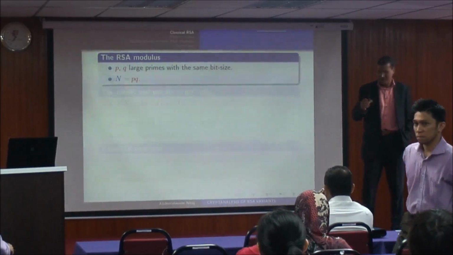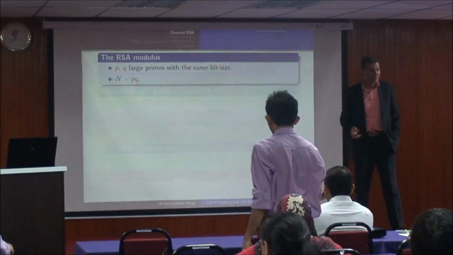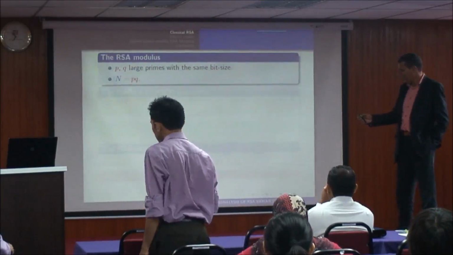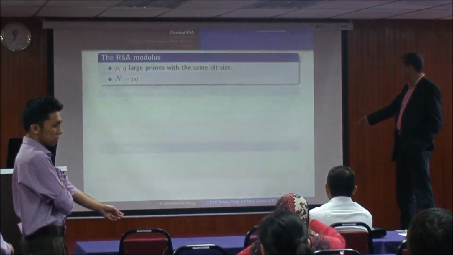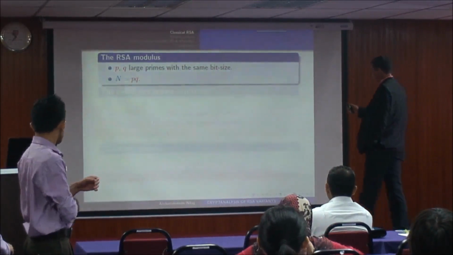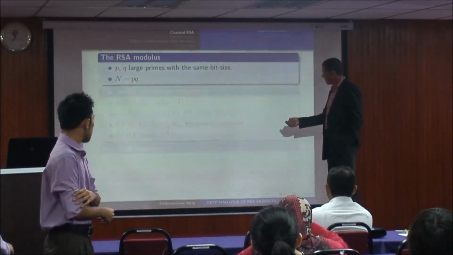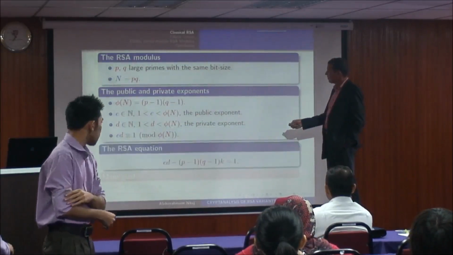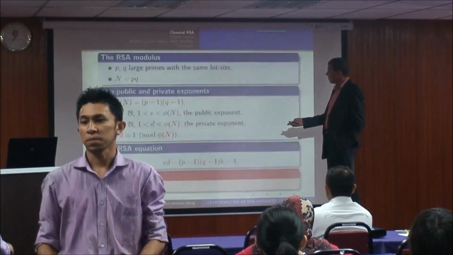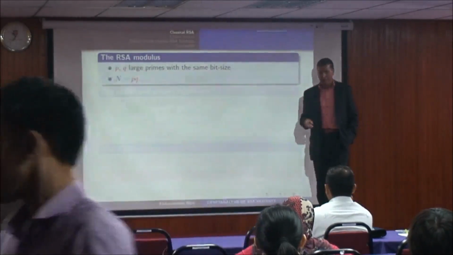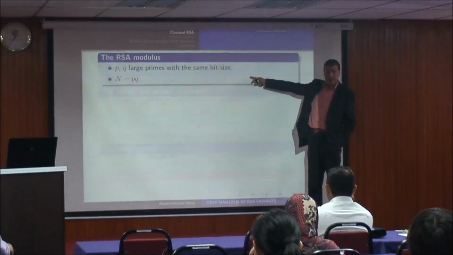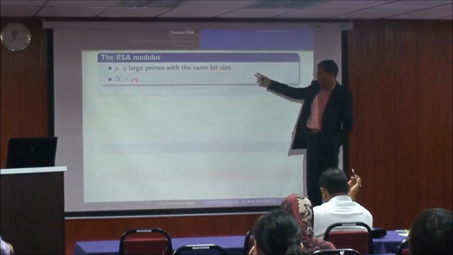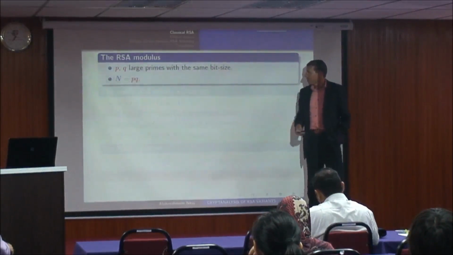Okay, I think there is a problem with the slides because it doesn't move like that. Okay, no problem. So the product n is called the RSA modulus, and the prime numbers are of the same size.